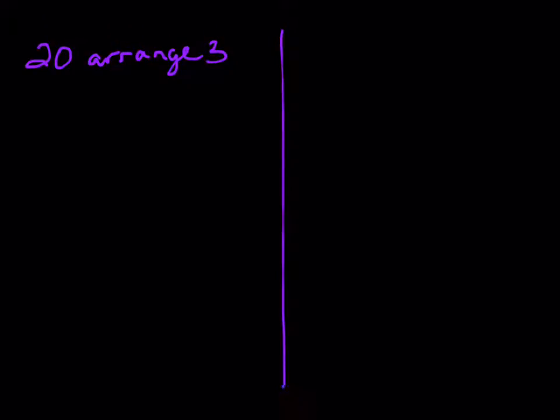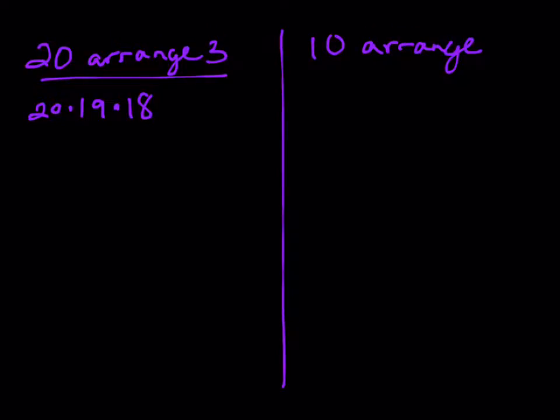Our first problem was 20 people, and we wanted to arrange 3. And we knew that that was 20 times 19 times 18. And in the second problem, we had 10 people, and we wanted to arrange 2 of them, and that looked like 10 times 9. First of all, notice this is similar to a factorial.